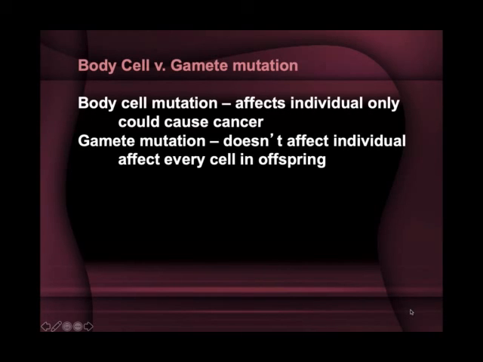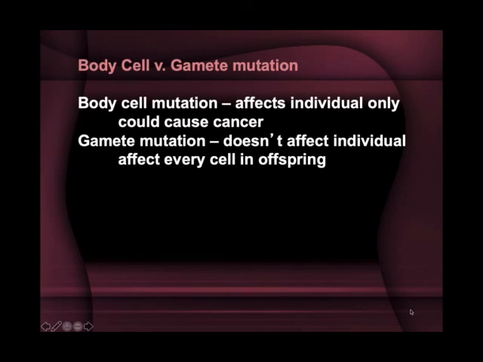Because those eggs have been there since the beginning, since the girl was born, exposed to all kinds of mutagens through life, and it's cumulative. So there's a higher incidence that those eggs, which have been around for a long time, are going to have some damage to them, and that's going to affect, because it's only the set of chromosomes in the gamete that gets passed on to the next generation.